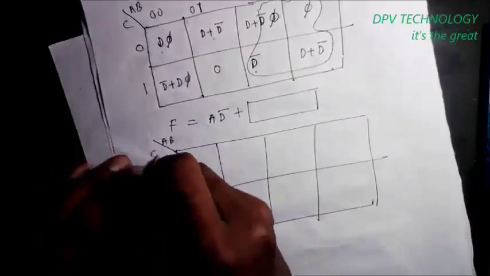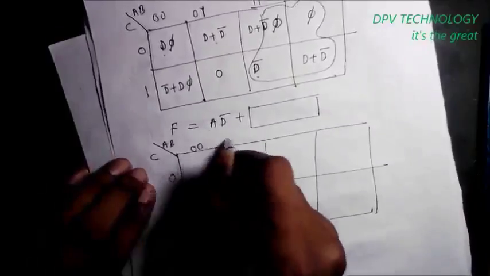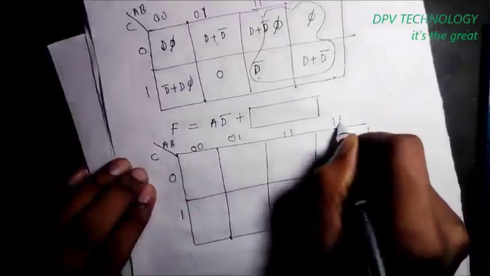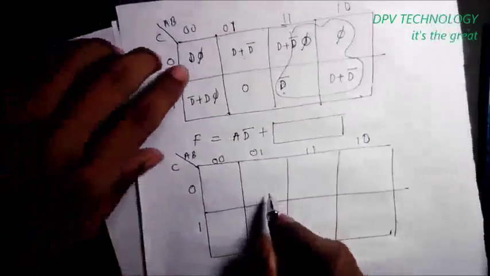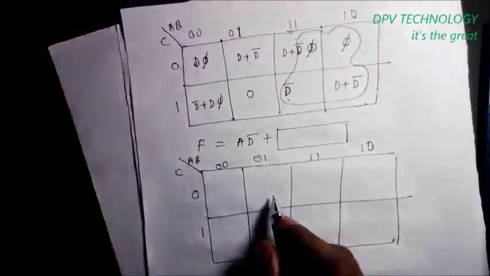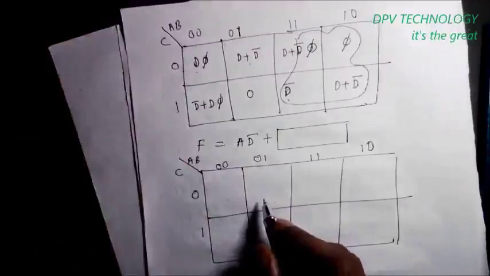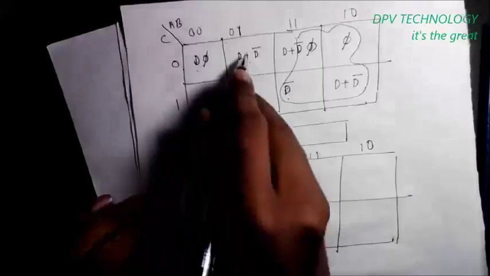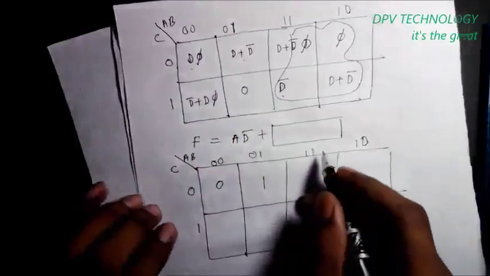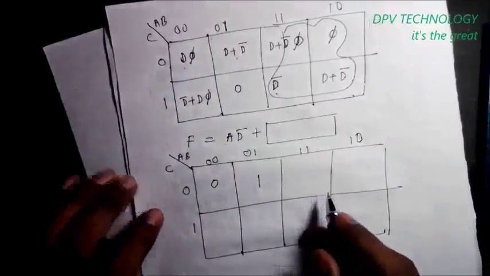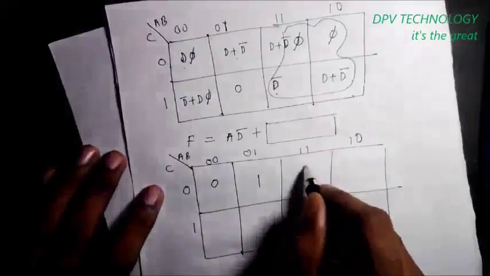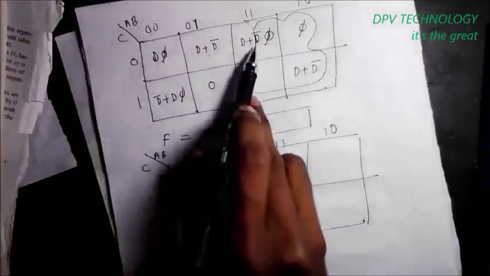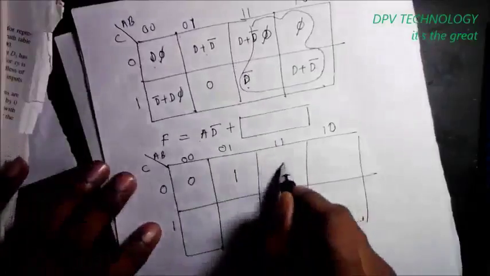A, B, C, 0, 1, 0, 0, 0, 1, 1, 1, 1, 0. According to the rules of step number 2, it will become 1. It is not covered at all, it will become 1. You can see in step number 2 rules, it will become 1 according to rule number 5, step 2.